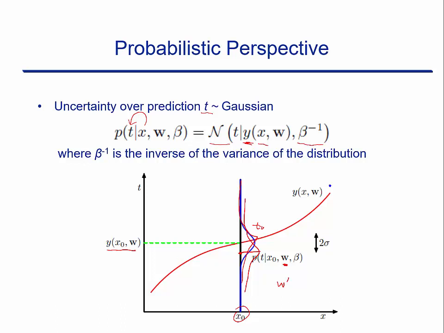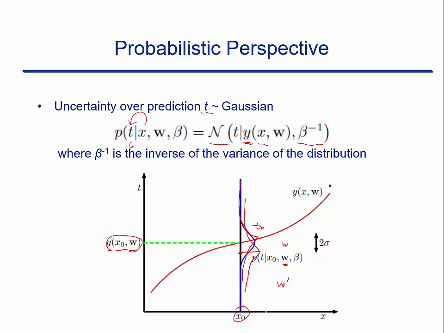So in principle, we want to optimize the parameter vector w so that the probability distribution of the target value t is a Gaussian distribution centering around the predicted value y of x0.